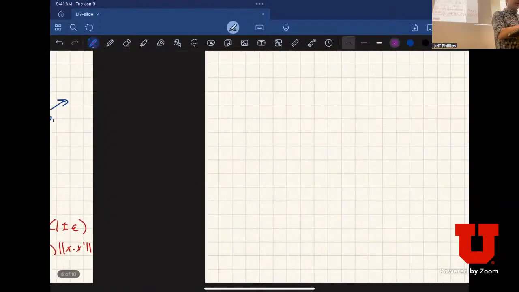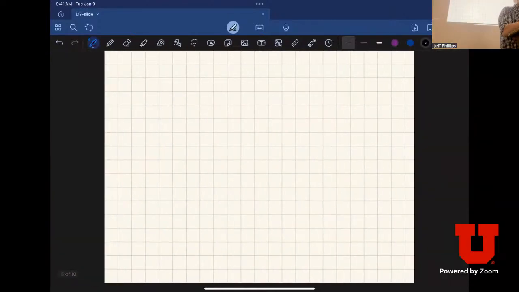Okay, so instead, we're going to look at a different objective, the sum of squared errors.